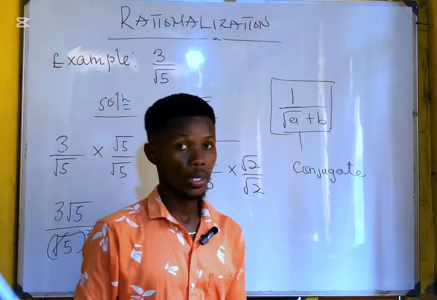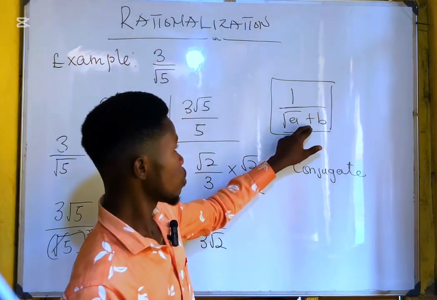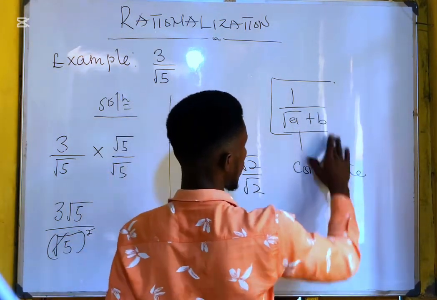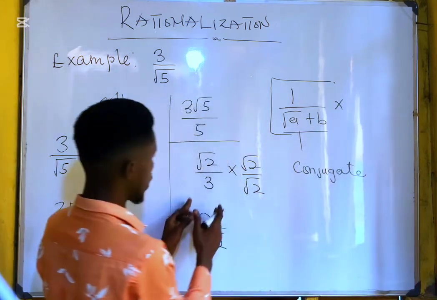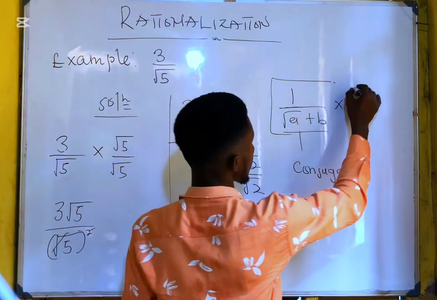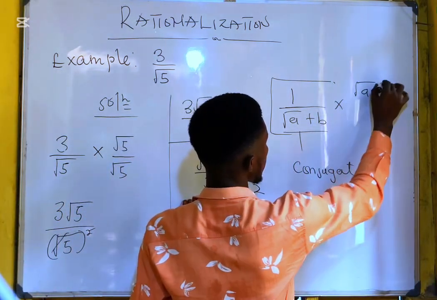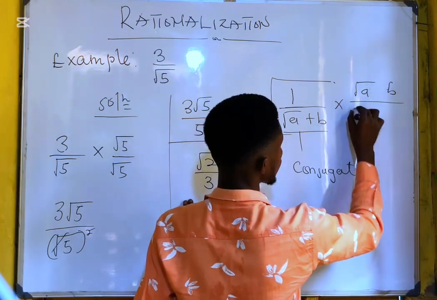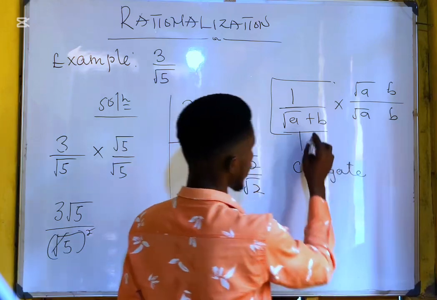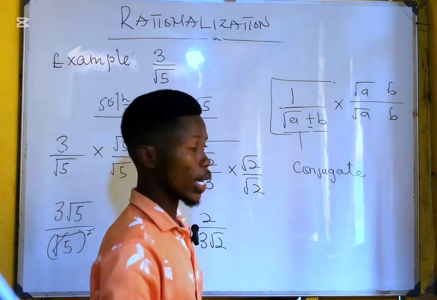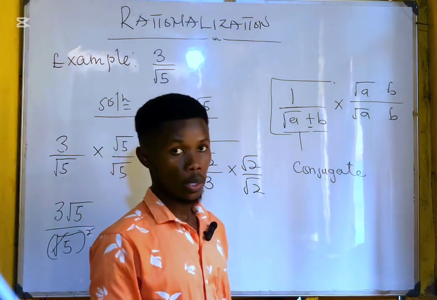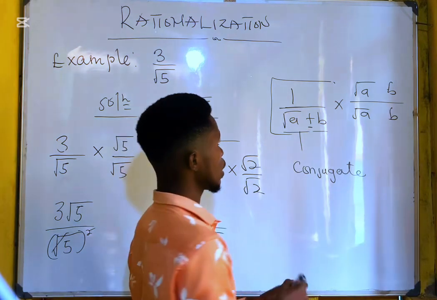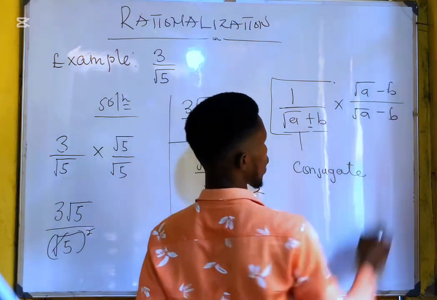When you are conjugating, it means that when you multiply each side like this, just like what I did here, I'm going to multiply here by root of A minus B, then root of A. Now the sign here, I'm conjugating the sign. So when I'm conjugating, I'm going to write the opposite of the sign.